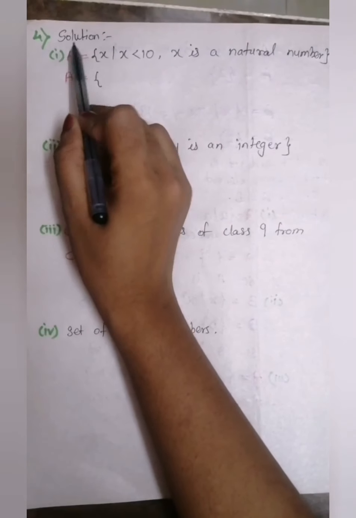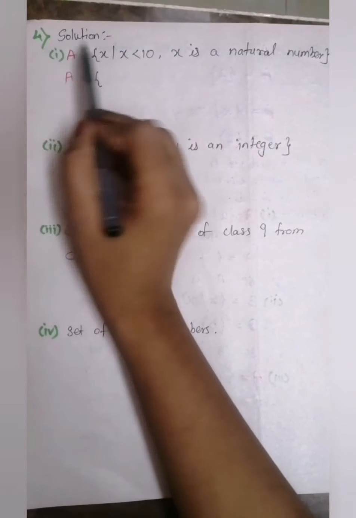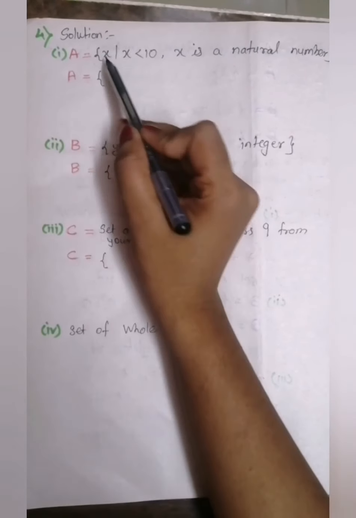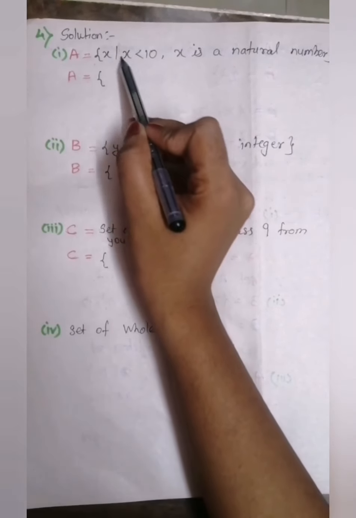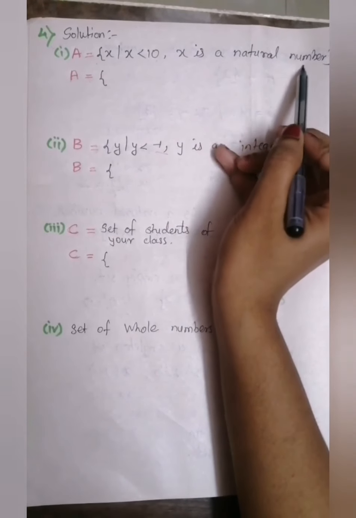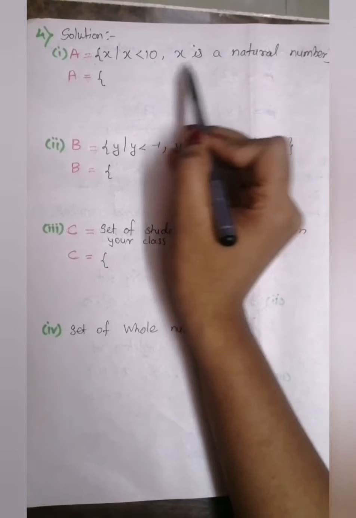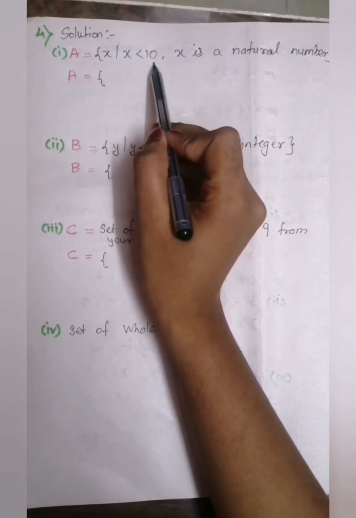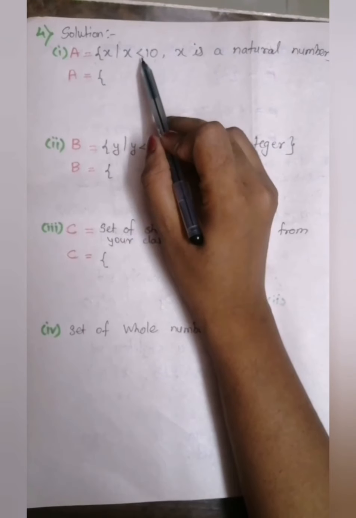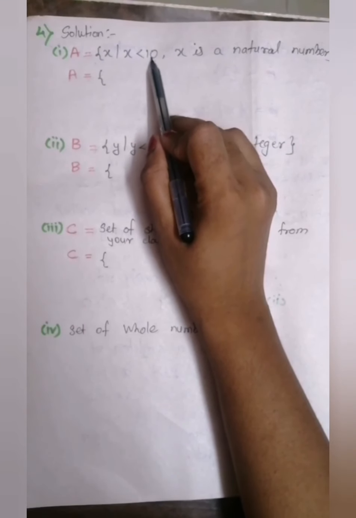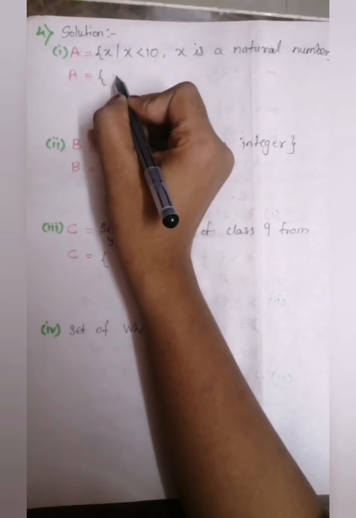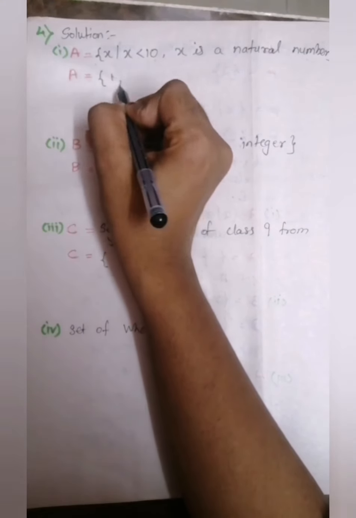Now start with the solution of question number 4. Sub question 1. Set A equals {x such that x less than 10, x is a natural number}. And what is the given condition? x less than 10. So natural numbers start with 1, and this x is less than 10. So start writing the element 1. Why is it 1?